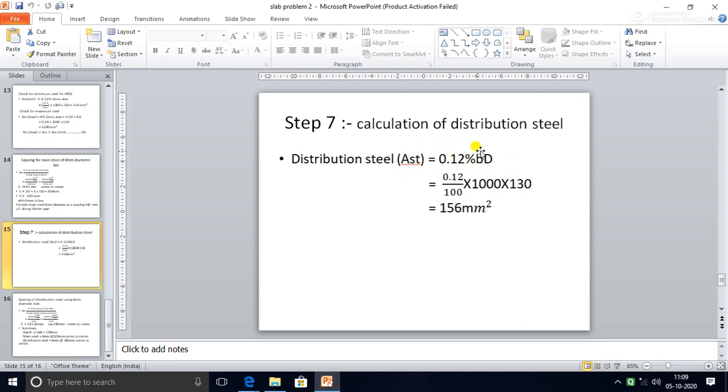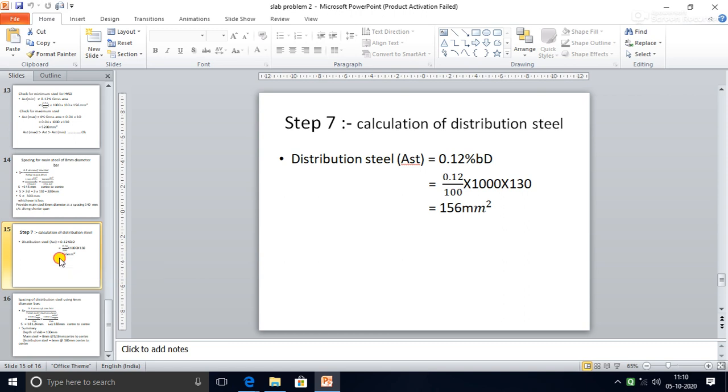I had taken 0.12%, which is not correct. Remember this formula to calculate distribution steel: while using 6 mm diameter bars, you are using mild steel, and for that mild steel it is 0.15% of gross area. So calculate this area. This is the homework for you.